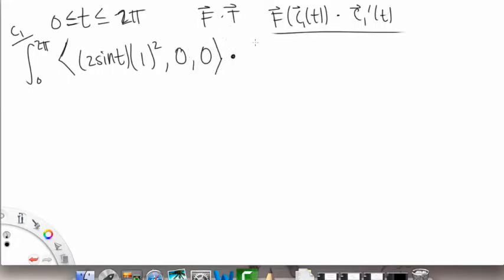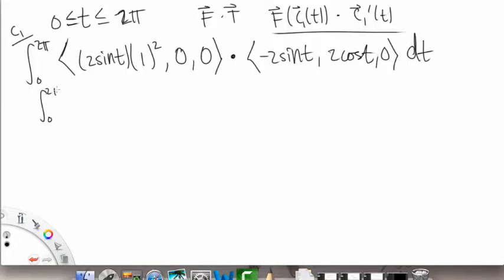We dot it with C1 prime of t, which is negative 2 sine t, 2 cosine t, 0, and then dt at the end. This is just the first line integral over C1. It simplifies to the integral from 0 to 2 pi of negative 4 sine squared t dt, because the other components go to 0 because of these zeros.